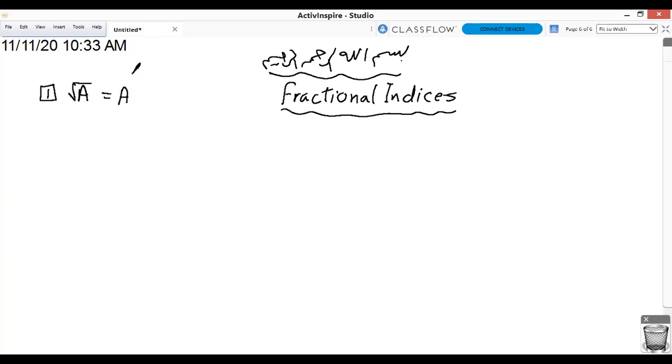Okay, it's a power half. I'll tell you what is the story here. You must know what we name this: square root. Okay, it's a square root.